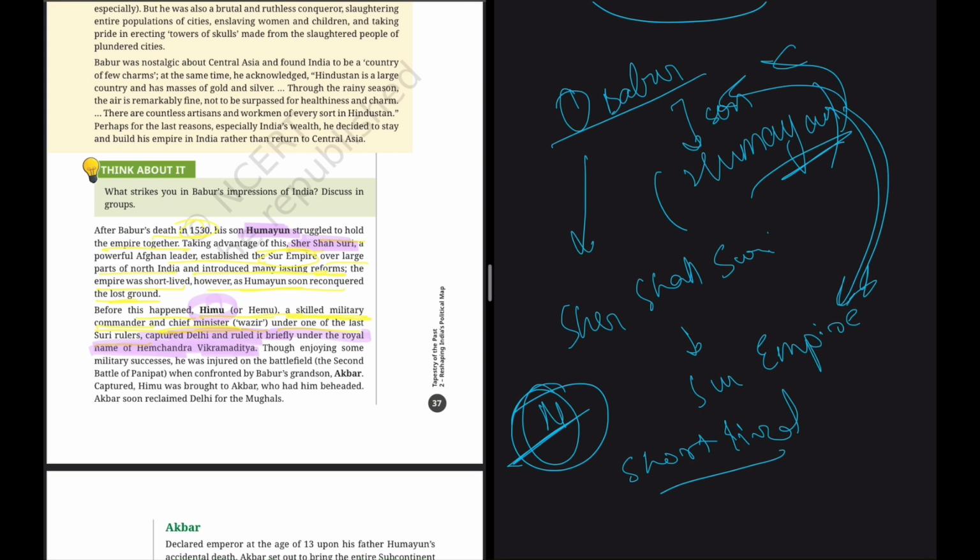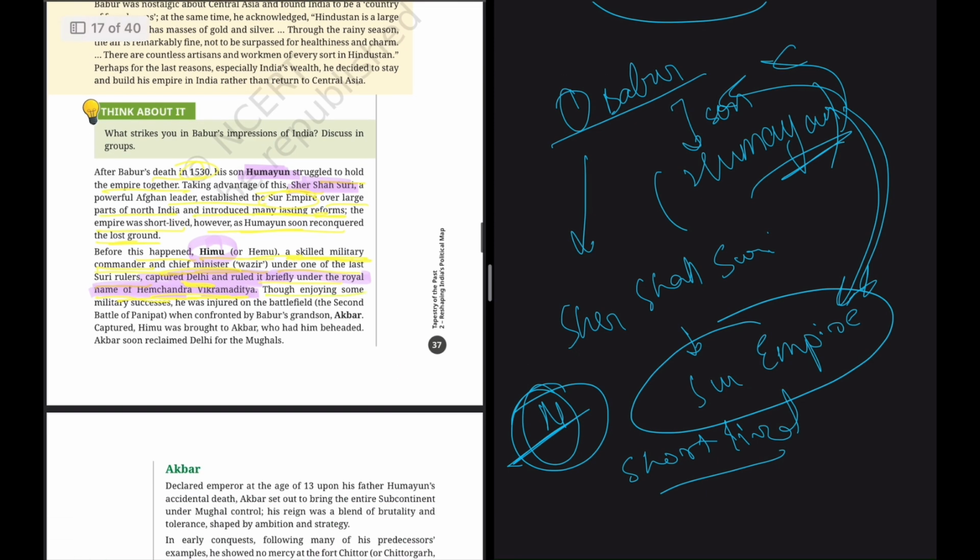He captured Delhi and ruled it briefly, naming himself Hemachandra Vikramaditya, and he ruled for some years.